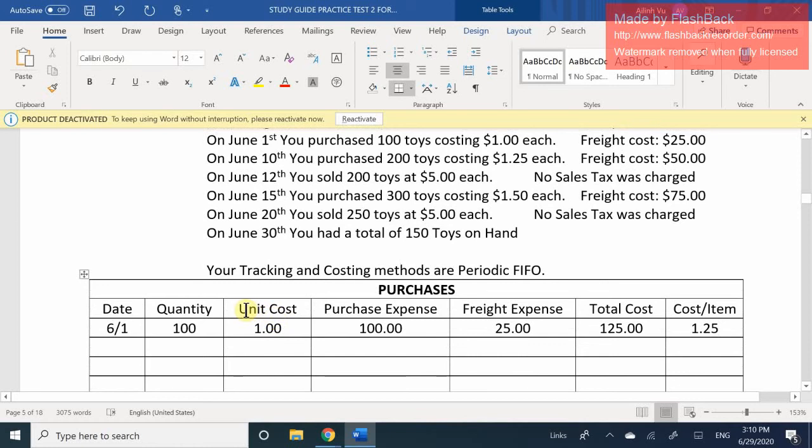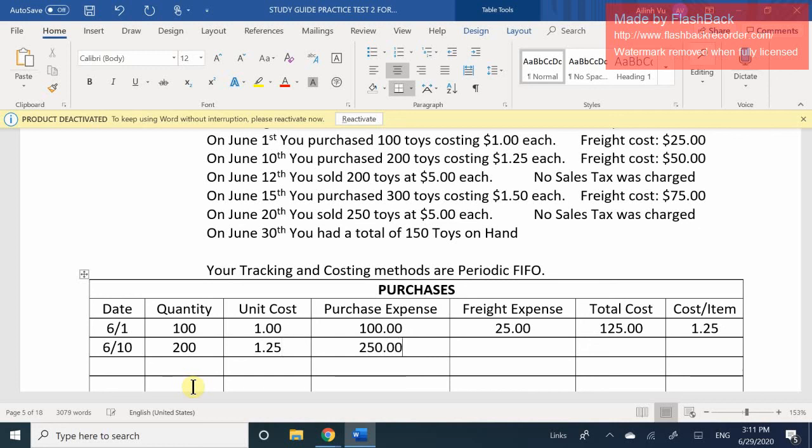Okay. So what happened on June 10? Purchase 200 toys. Okay. 200 toys at $1.25 each is $250. How much was freight? Wait, I'm losing myself here just a second. No worries. 250, okay.